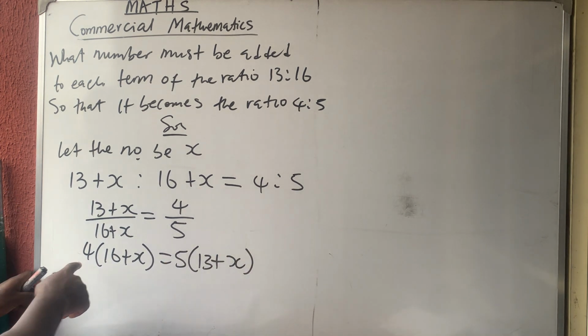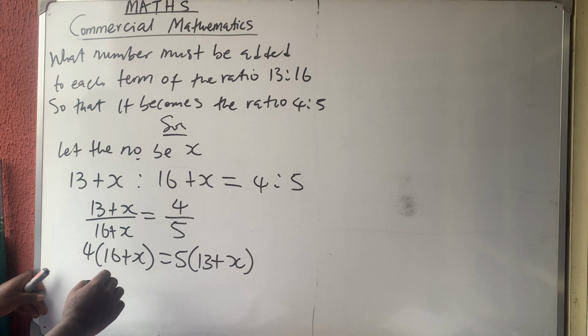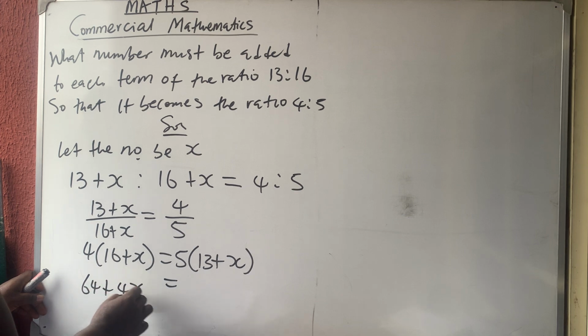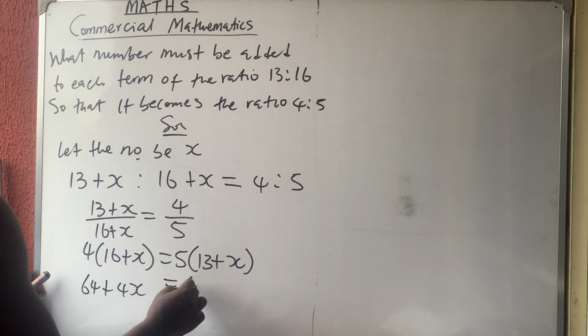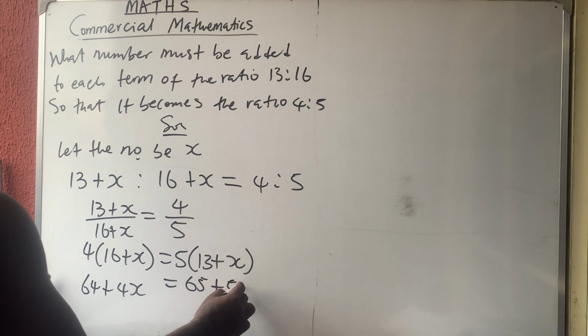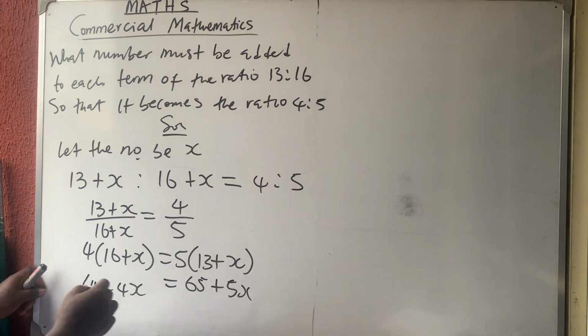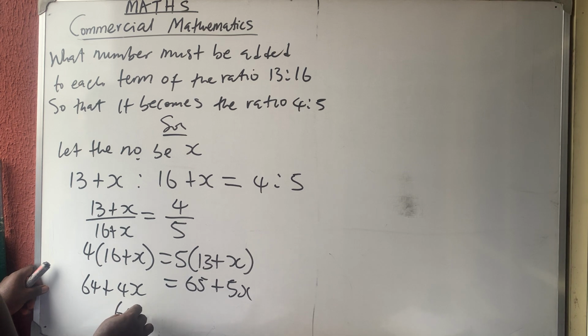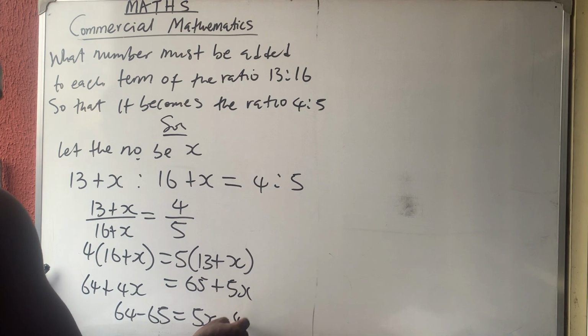So if you open the bracket, 4 times 16, you're going to have 64, plus 4x is equal to 65 plus 5x. So if you collect like terms, you're going to have 64 minus 65 is equal to 5x minus 4x.